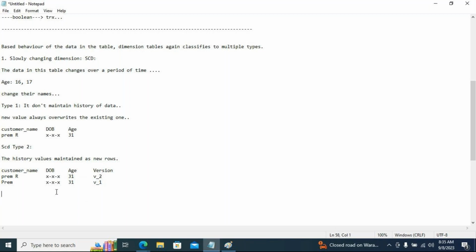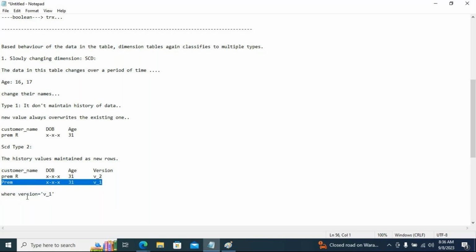When you are extracting user information, you have to put a version condition in each select statement, version equal to V underscore 1. Then only can you get the latest information of the customers from the customer table.